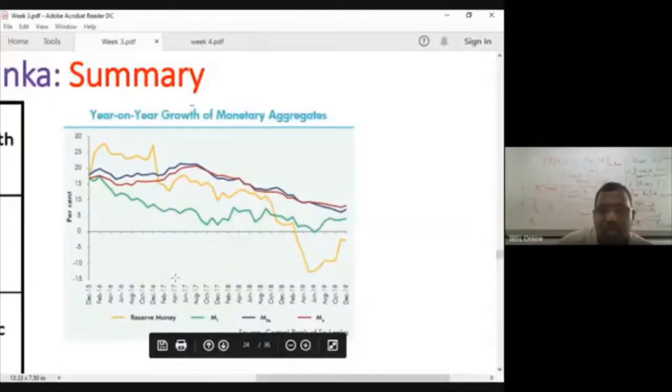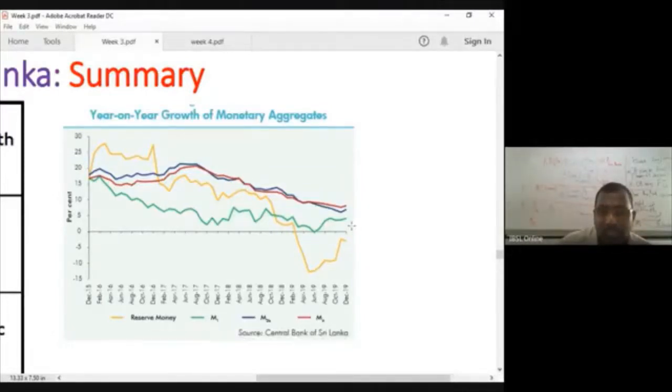especially in 2018 and 2019, monetary growth has gone down, reduced. How do you calculate this monetary growth? That's one point I want to make. You need to know how to calculate monetary growth, because in your exam, there are some questions related to calculating monetary growth.